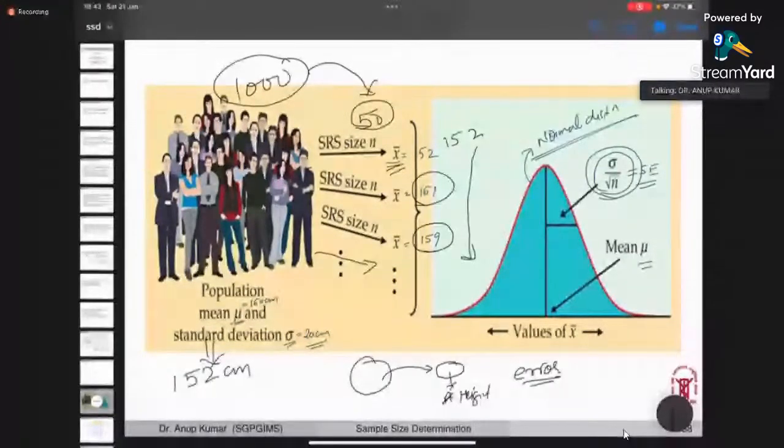So you are committing an error, and you want to measure this error. Do you understand what error you are committing? It is a sampling error.